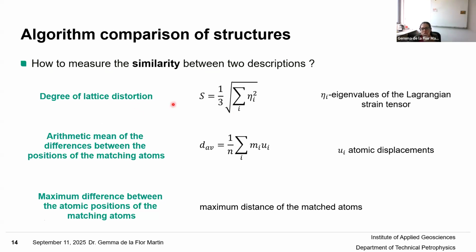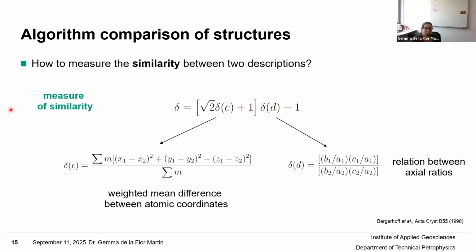Then the difference between the atomic positions of the matching atoms is also calculated, and this is measured by the maximum difference between the atomic positions of the matching atoms and by calculating the arithmetic mean of the differences between the positions of the matching atoms. And also, the program calculates a measure of similarity that is based on the formula of Bergerhoff's law.